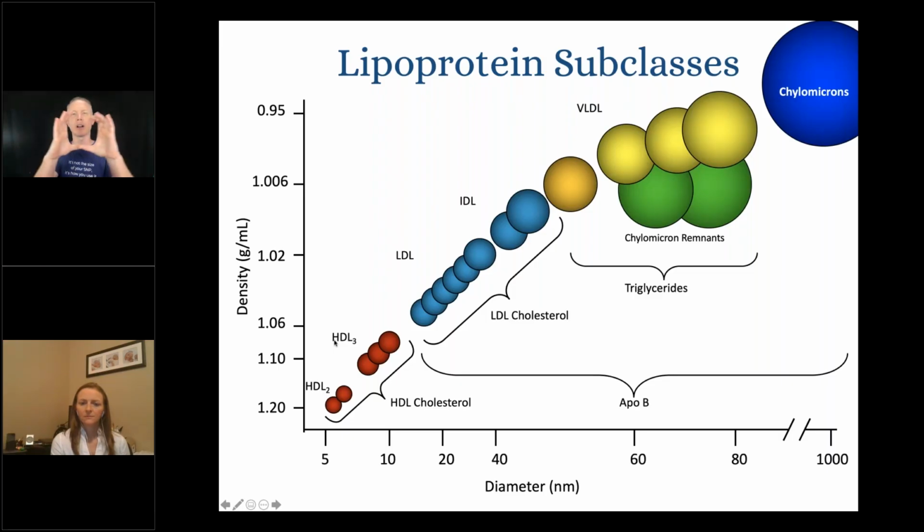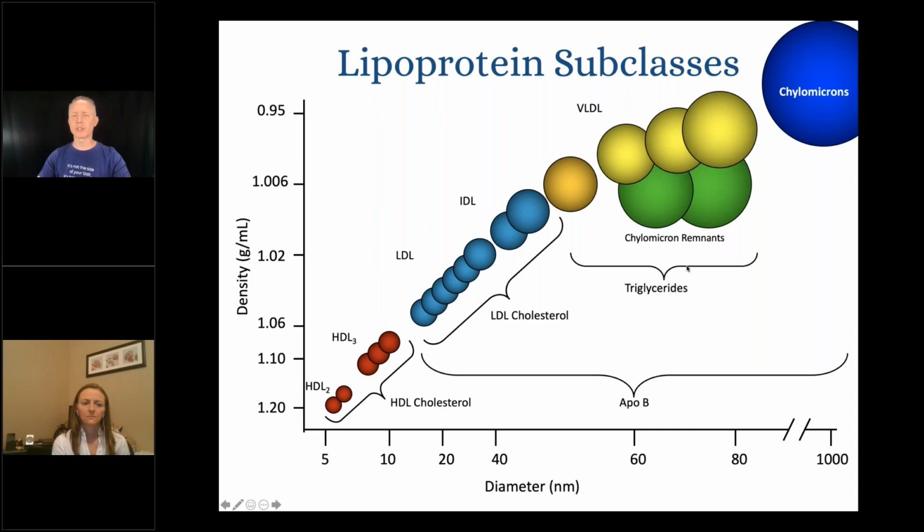The smaller and more dense particles, high density lipoprotein, are down there at the bottom. Their names correlate a little bit with the size, shape and density of that particle. These are all floating around in your blood, especially after a meal.